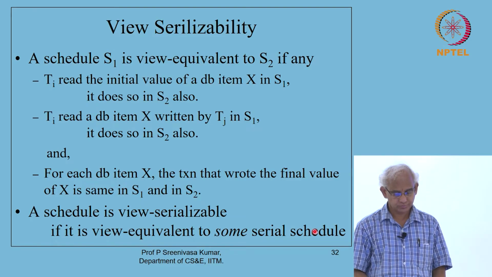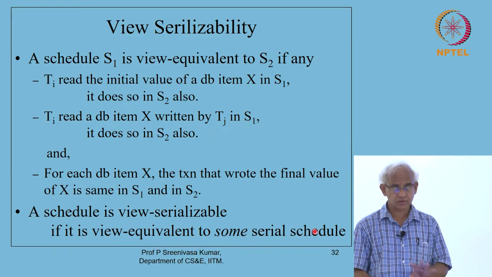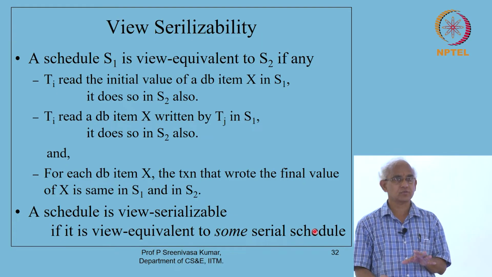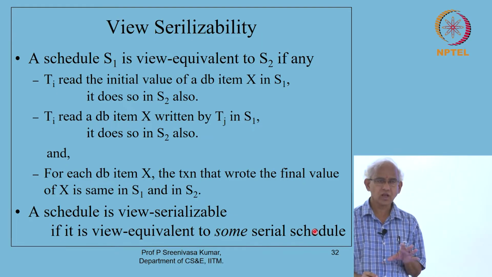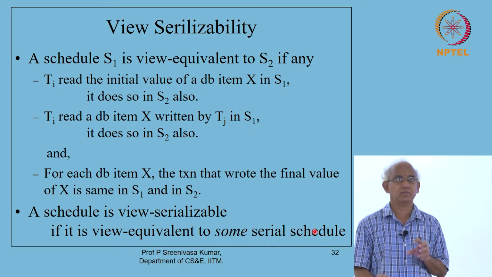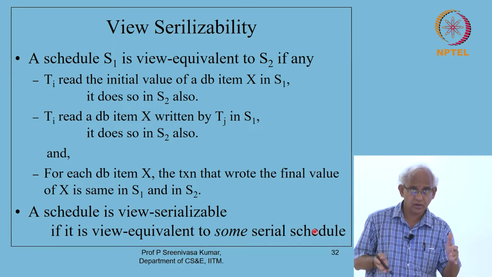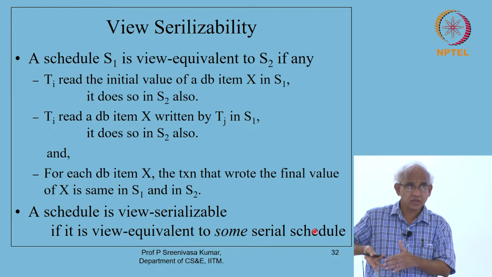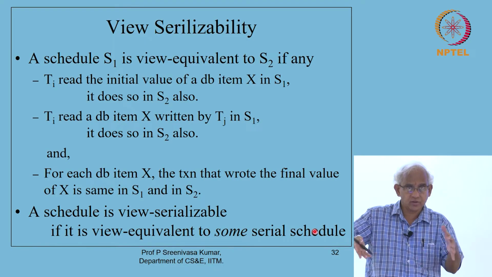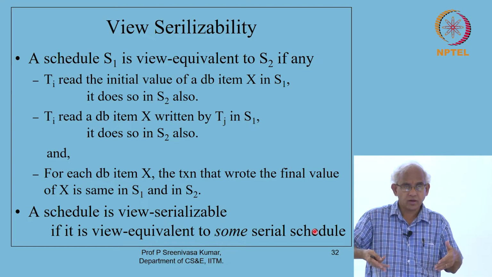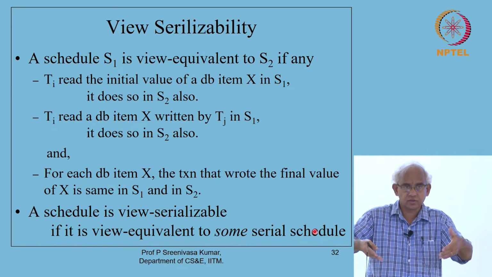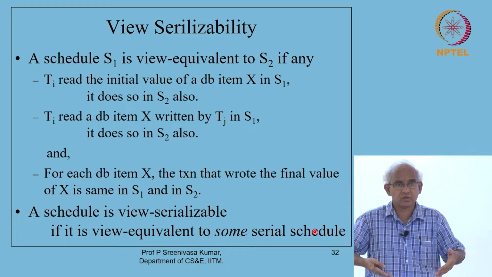Okay. So, we will not go deeper into view serializability. We have understood conflict serializability, and let us see how we can realize conflict serializability in practice. Notice one thing here: we have taken a peek at the sequence in which the operations of multiple transactions are occurring, and then said that some of these histories are permissible, and some are not.